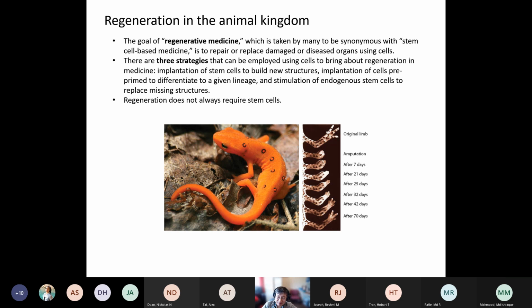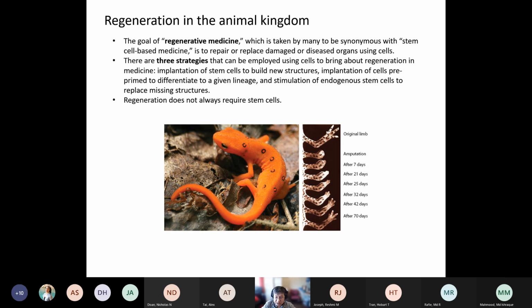Okay, so I hope you can still remember the definition of stem cell. To be a stem cell, you need two criteria. First, it must be able to self-renew. Second, it should be able to differentiate toward other somatic cells.